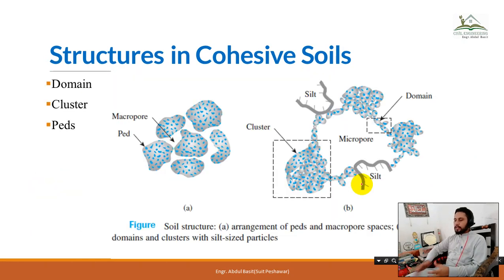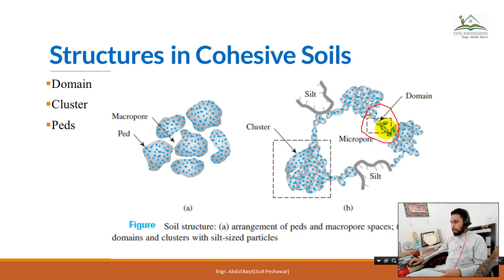Now coming to the next thing, what are domain, cluster and peds in case of the cohesive soil? So simple. Domains are those small particles rearranged and come close to each other. For example, you can see here that these are 2-3 particles that are coming close to each other and are in contact with each other, having some cohesion with each other.